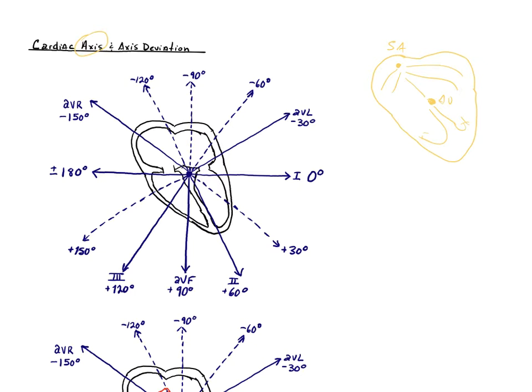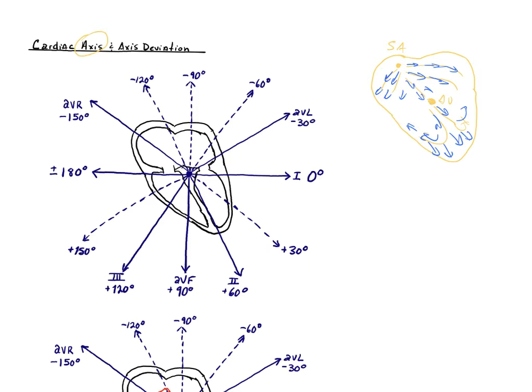If you imagine the SA node firing, I'm going to draw these little arrows to represent vectors of the electrical activity as it spreads out through the heart. You can imagine little arrows, it stops there, goes down the bundle branches, out into the ventricles. Remember when we talked about vector summation at the beginning of class, and how I can add two vectors to create a new vector?